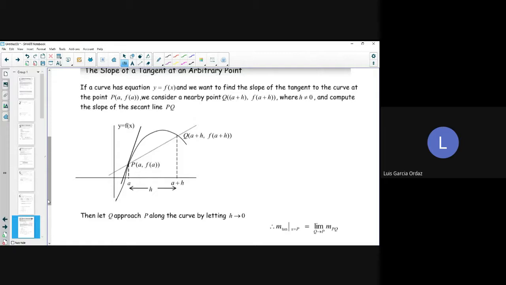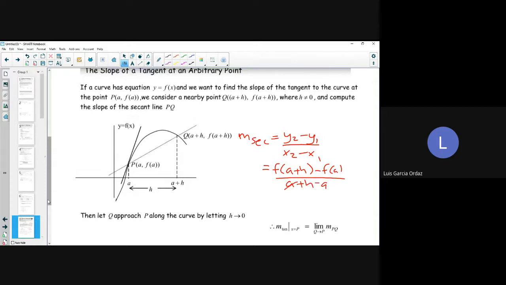So we can compute the slope of the secant line. Here we have a curve with a point P and h, either adding it to the left or to the right. So the slope of the secant, m, is equal to y2 minus y1 over x2 minus x1, or from our difference quotient, f of a plus h minus f of a over a plus h minus a.